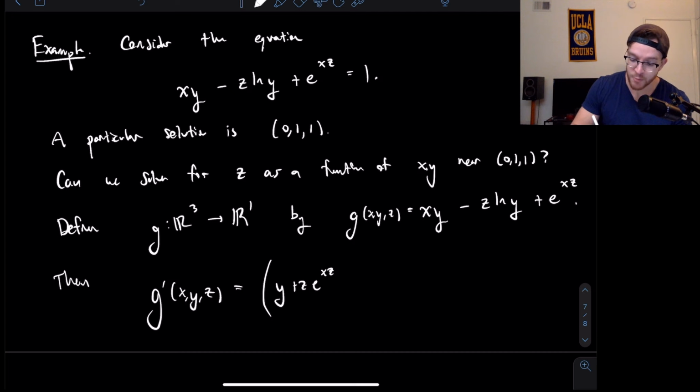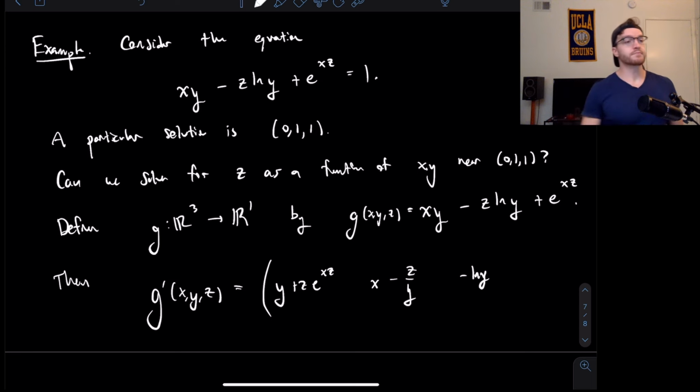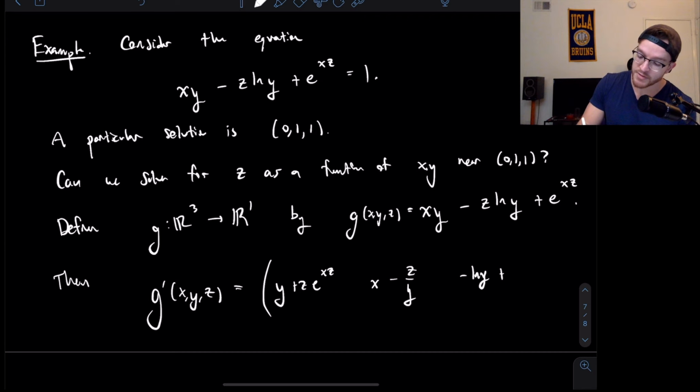The second component is the y derivative, so I'll get x minus z over y. Then the third component is the z derivative. We'll get negative log y, plus, since I'm taking a z derivative, x times e to the xz.